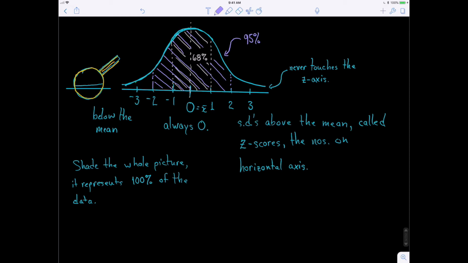That's what that picture now represents. Instead of shading bars of a histogram, we're shading regions under the curve, but it's this exact same idea: in a histogram, a bar represented the area, and now the amount we shade represents the area, and the area that we shade represents the percentage of the data.